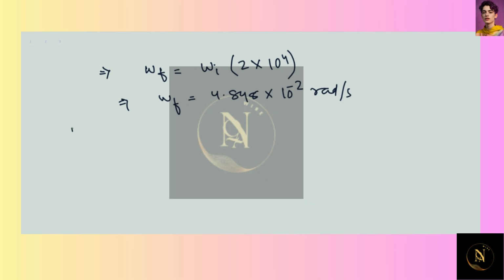And since time period is 2 pi over omega, let's write 2 pi to be nearly equal to 6 over omega. This is like an approximation. This means that Tf will be equal to 6 over omega f.